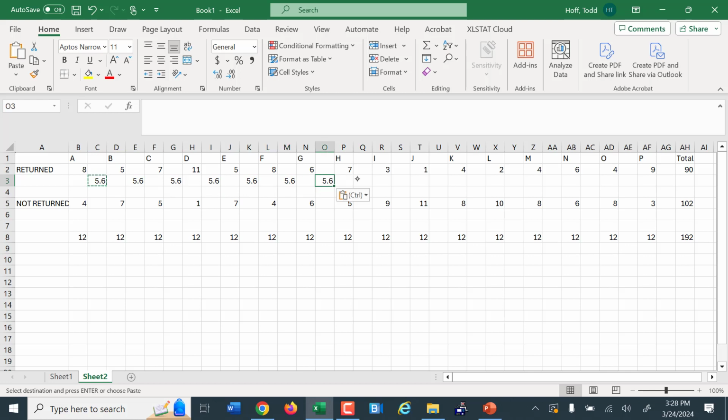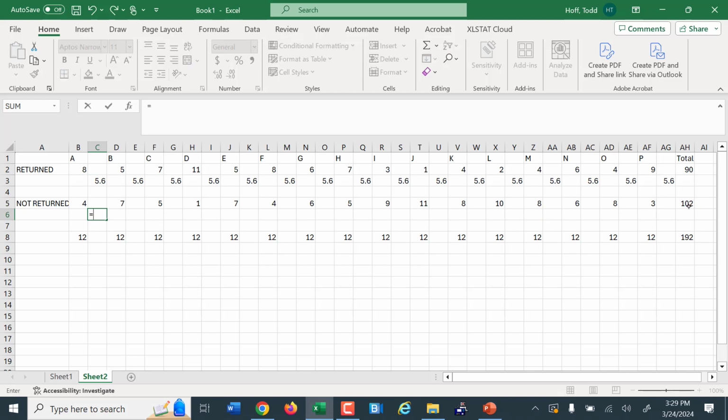These should all be the same because the row total is the same, and there's 12 from each, so the column total is also 12. So these are all 5.6. Here then I'm going to do that as equals this times 12 divided by 192, right, 6.4. So this is going to be 6.4 for each of these.